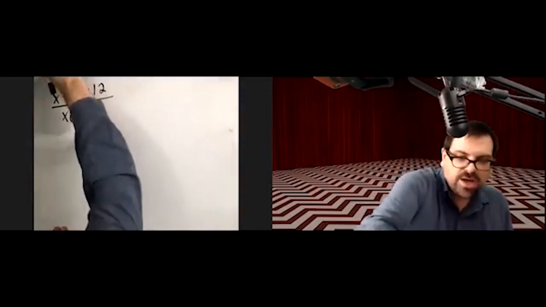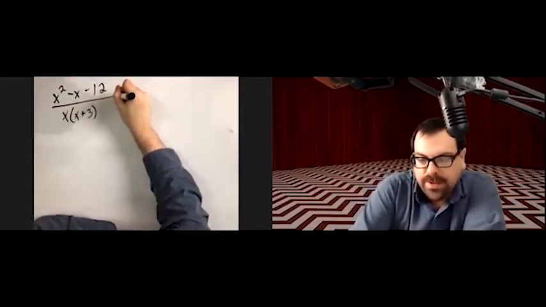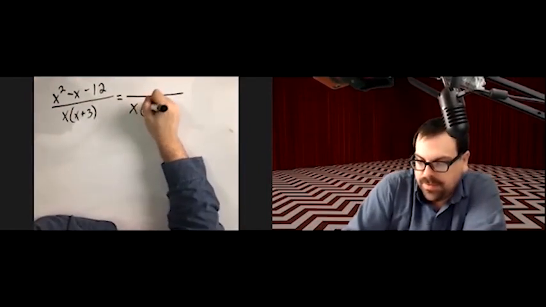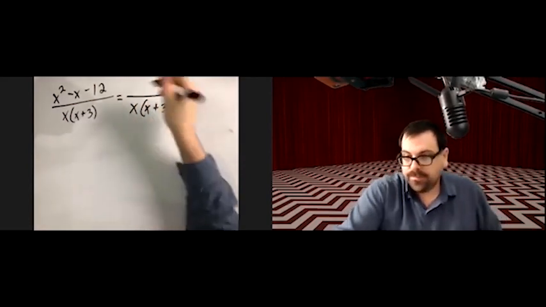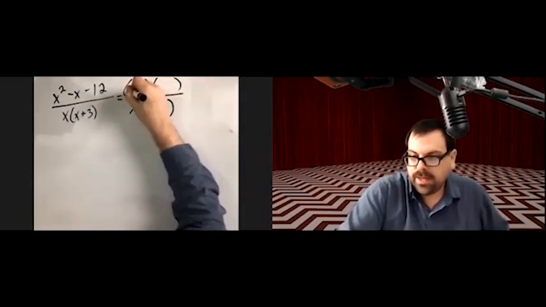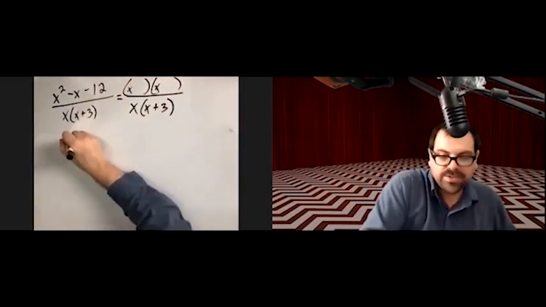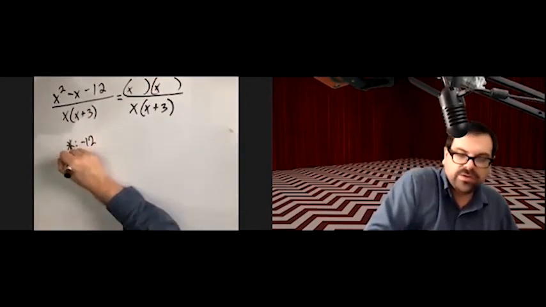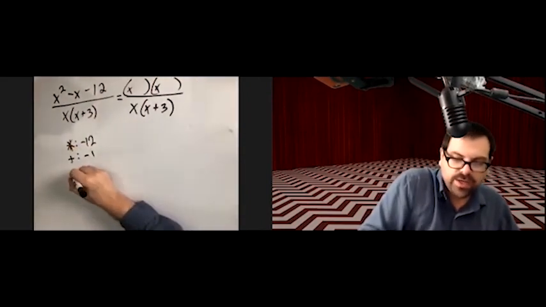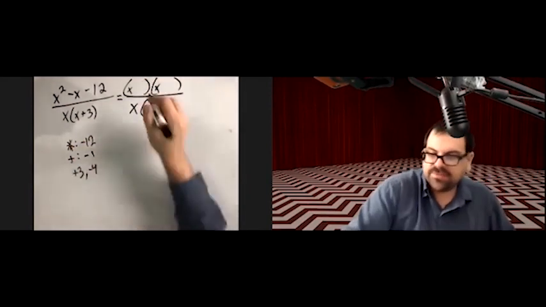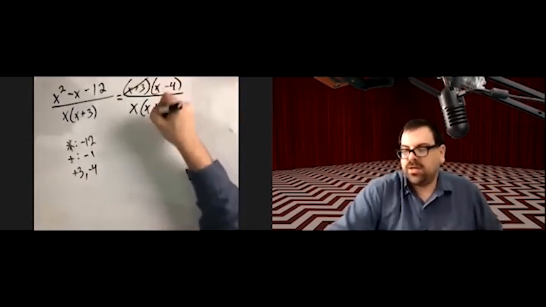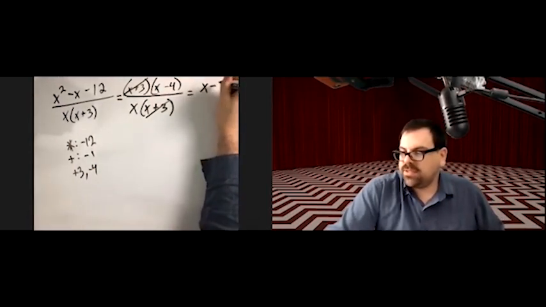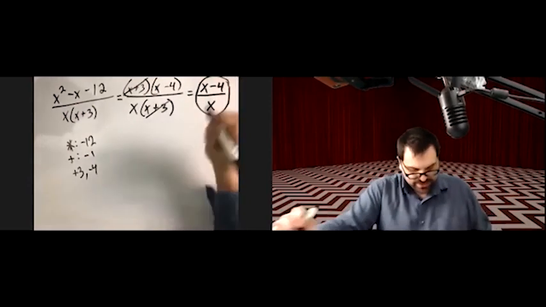We got to factor that top now. X and x, we need numbers that multiply to negative 12, add to negative 1. That's plus 3 and minus 4. Put in x plus 3. Put in x minus 4. The x plus 3's cancel, and we are left with x minus 4 over x.